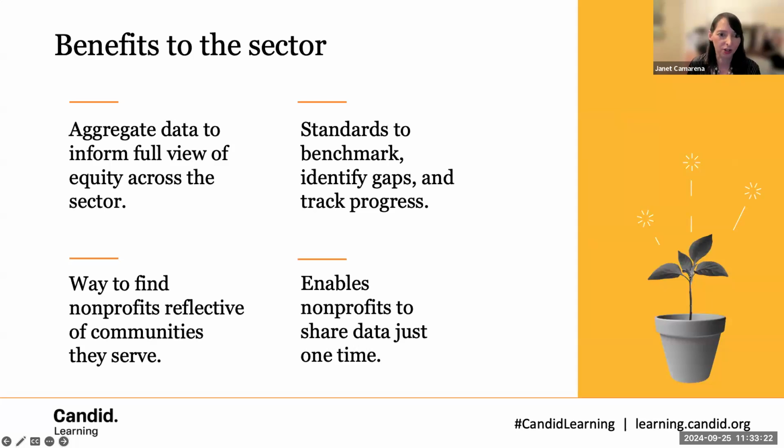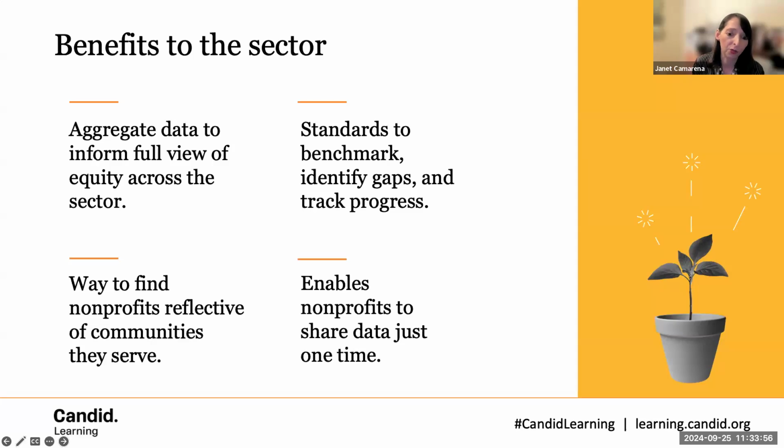This provides aggregate data to inform the full view of equity across the sector, which is something that's missing when each foundation collects it one at a time. There's no aggregate data to help people view patterns and trends. Similarly, it allows organizations to benchmark and identify gaps and track their progress. It also allows Candid to respond to questions we get from funders with increasing frequency, which is how to find nonprofits that are reflective of the communities that they serve.